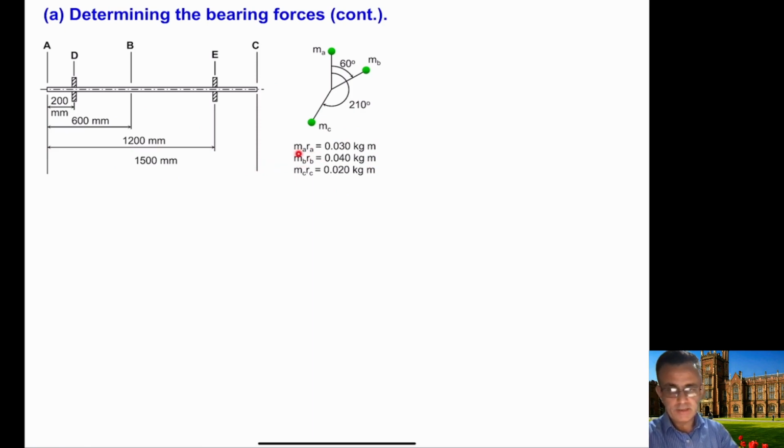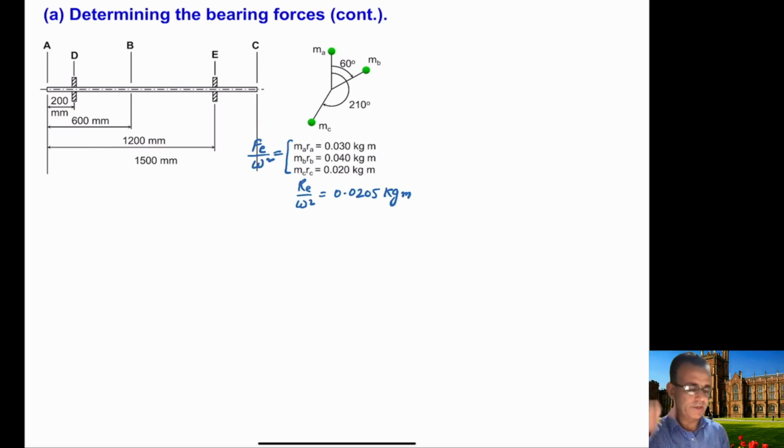So you are given MARA, MBRB, MCRC, and in addition to this, we are also given RE divided by omega square, which is 0.0205 kilogram meter. Now these are obviously equal to FC divided by omega square.